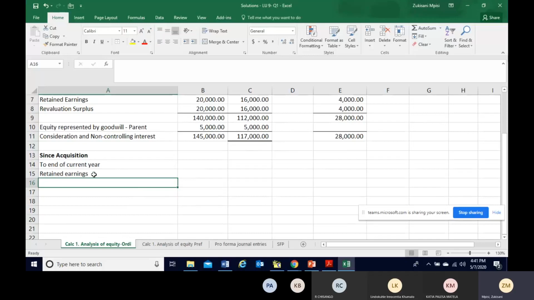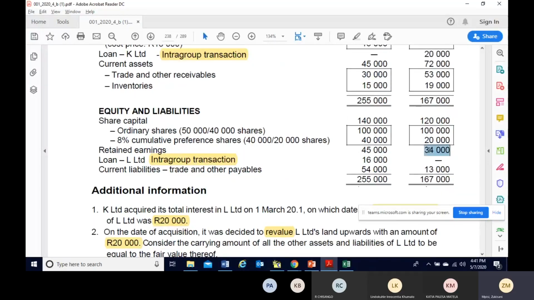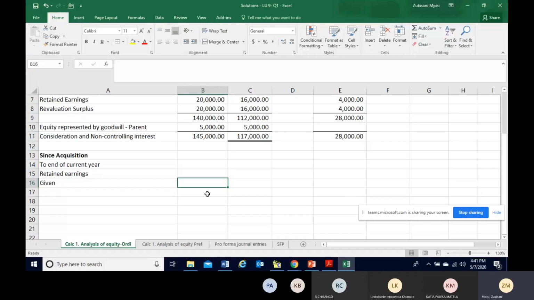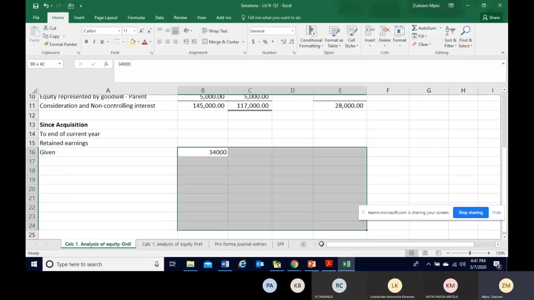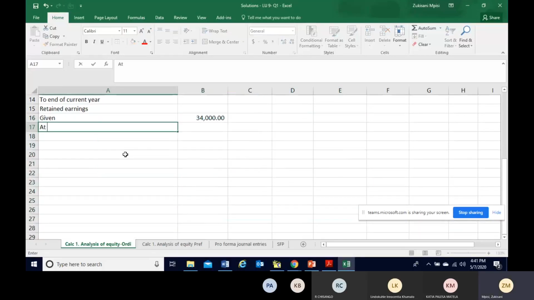So in terms of retained earnings, we want to know retained earnings, or call it profit, for this year. So we know what we've been given in terms of retained earnings. Let us go look, we've been given retained earnings of 34,000. In terms of these retained earnings, we must take out what was there at acquisition.